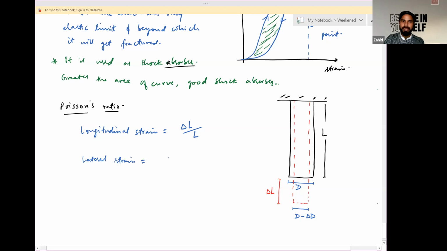It will be delta D divided by D, or delta R divided by R in terms of radius. Since this particular width is decreasing, there will be a negative sign. Is it clear?